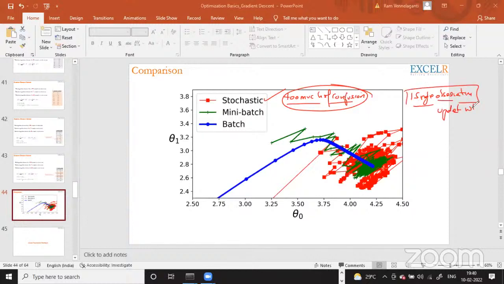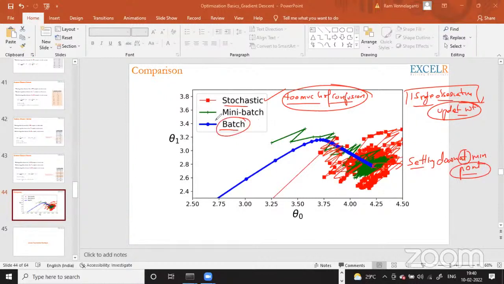You have to reach this point, but you are not settling down at the minimum. That is the problem you are going to face with stochastic gradient descent.